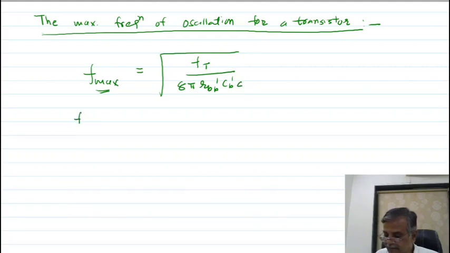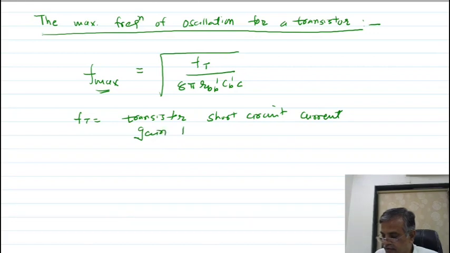where Ft is the transistor short circuit current gain bandwidth product.